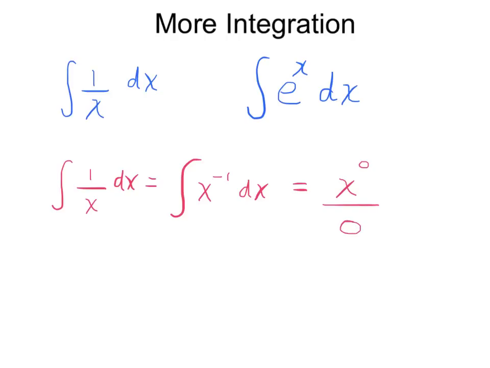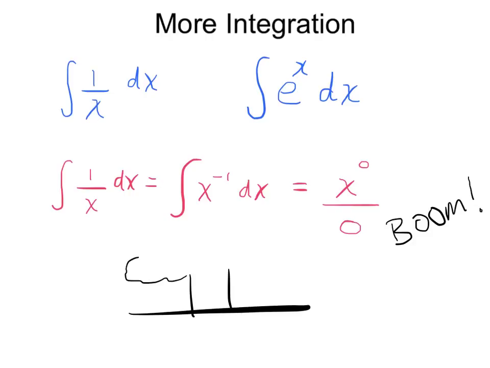Dividing by a 0, it will blow up. Little piece of artwork for you there, nuclear mushroom cloud. Okay, you cannot divide by 0, it does not work. So something is going to have to change. We cannot integrate 1 over x like we do other negative powers of x.